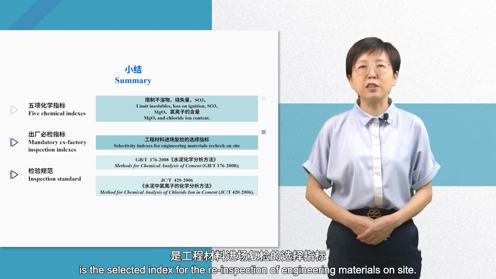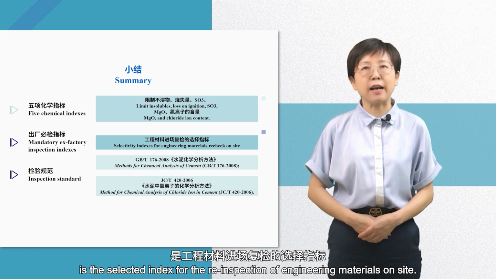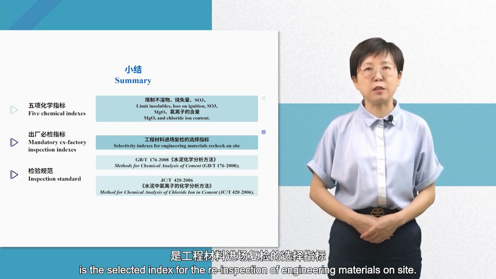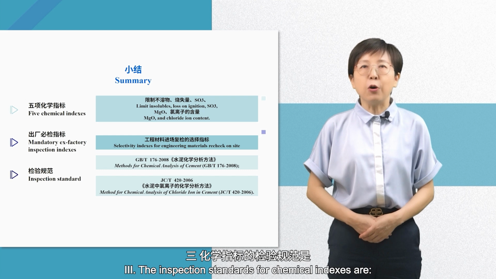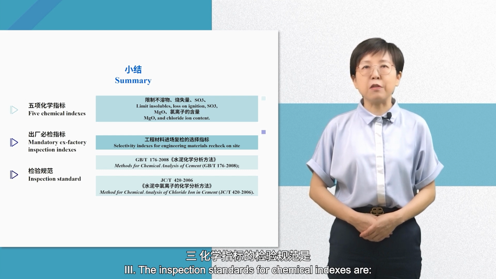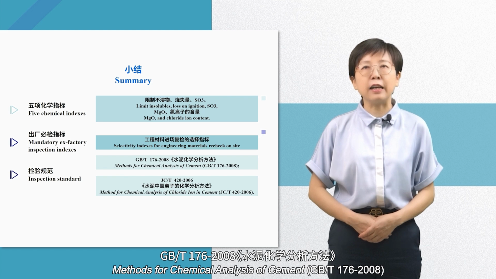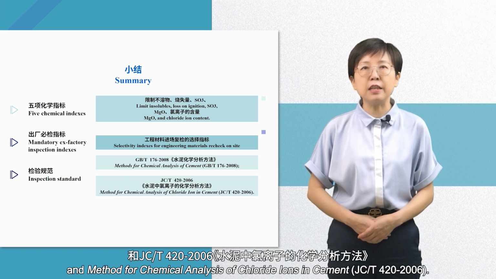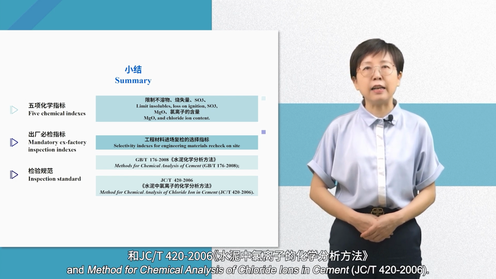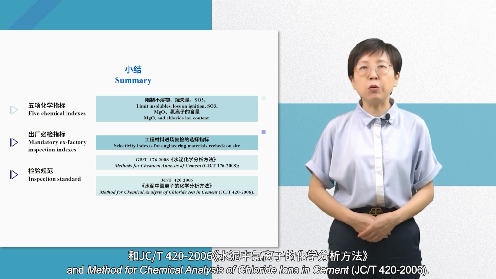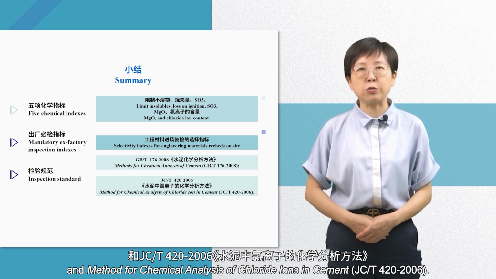Chemical index is the selected index for the re-inspection of engineering materials on site. 3. The inspection standards for chemical indexes are methods for chemical analysis of cement, GB/T 176-2008, and method for chemical analysis of chloride ions in cement, JC/T 420-2006.